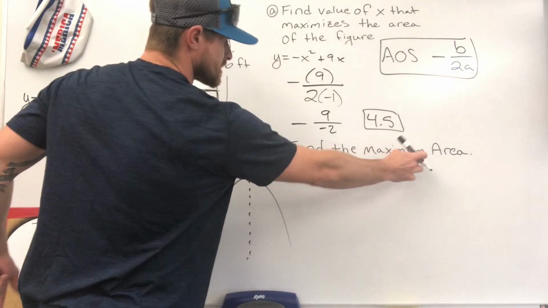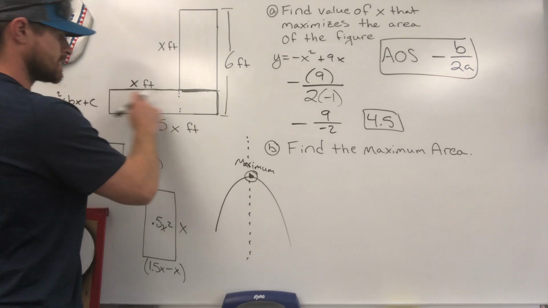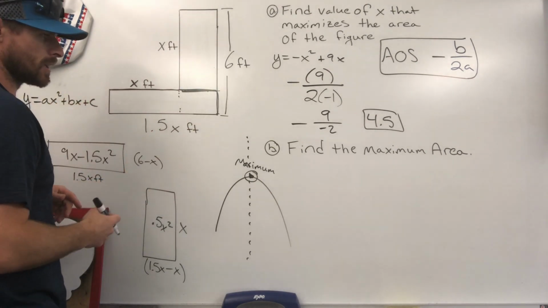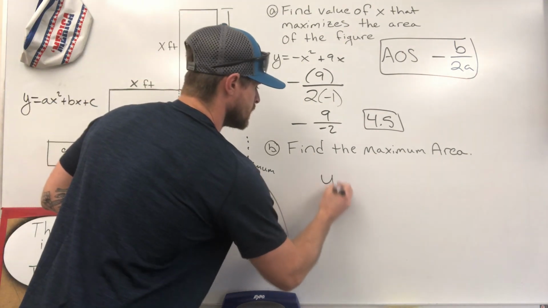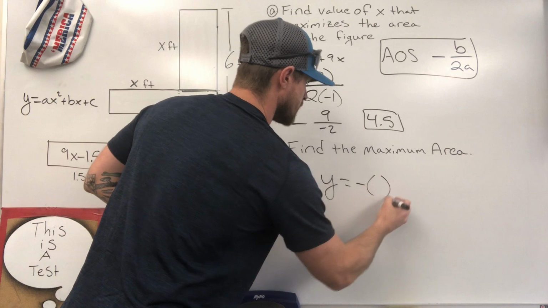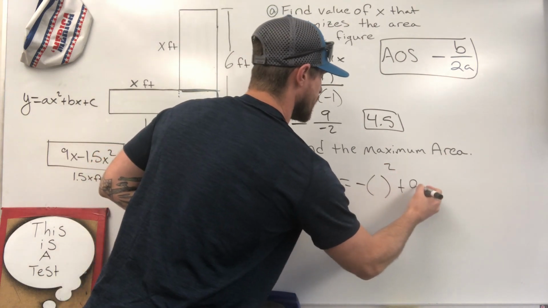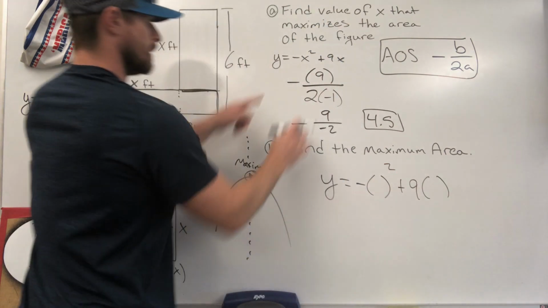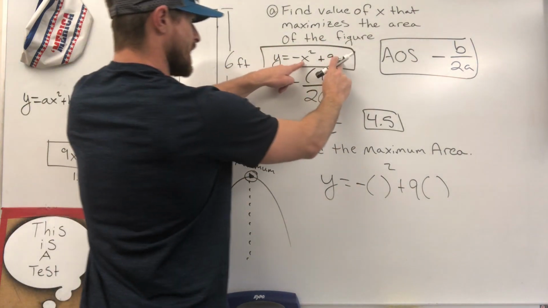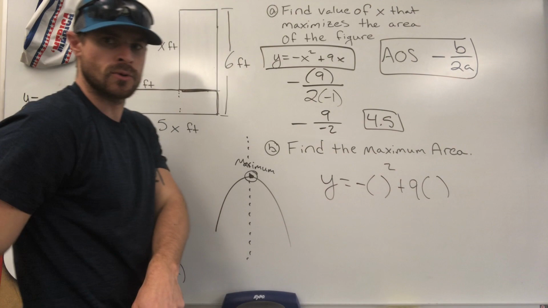Now let's find the maximum area that we can get out of this figure that we're looking at. Okay, so now we just take the quadratic we already found, negative something squared plus 9 times something. Wherever the x's are, I replace with empty parentheses.